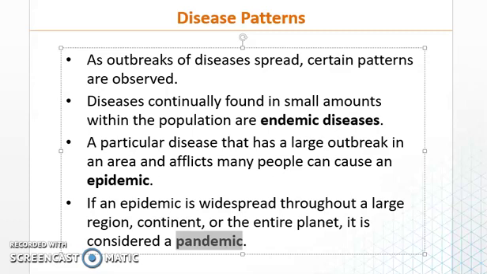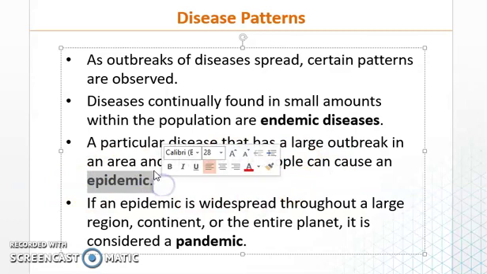But it could be controlled inside that country, and it didn't affect any other country all over the world. It was only inside China, and it didn't go out of China. So we say about this type of disease, when it has a large outbreak in an area that affects many people, it is an epidemic disease.